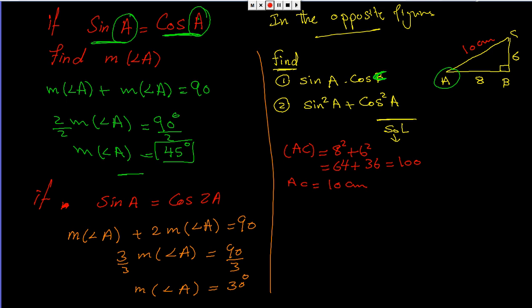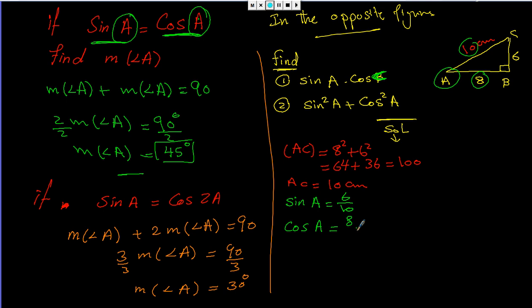Sine A equals opposite of A, which is 6, over the hypotenuse AC, so it is 6 over 10. What about cosine A? It's adjacent over hypotenuse, 8 over 10.